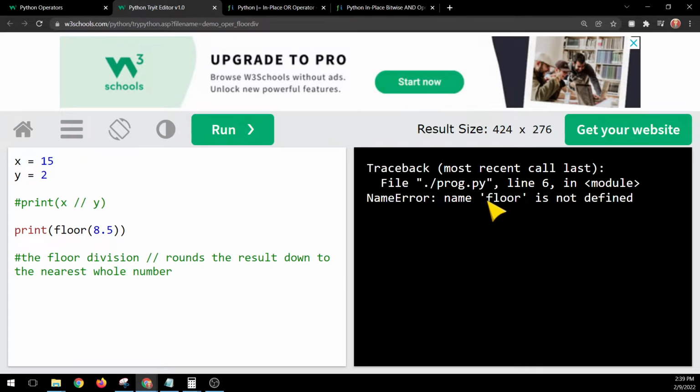Oh, actually, there is no floor function in... Actually, maybe there is. Let me just check here. Maybe like this, floor. How would we do this? Let's try it like this.